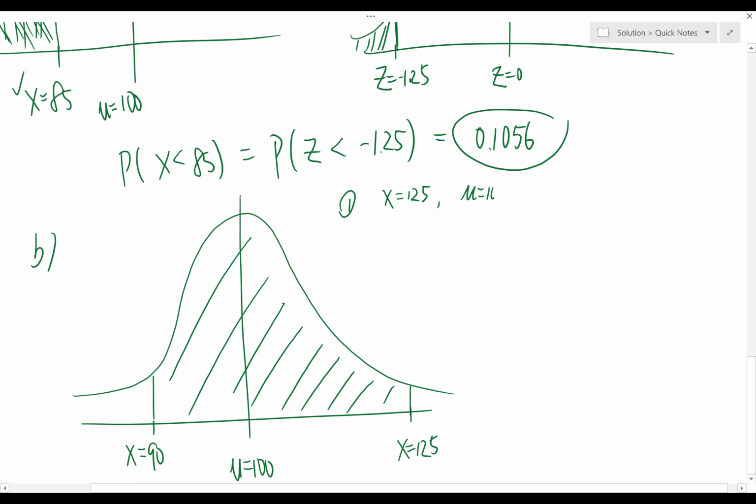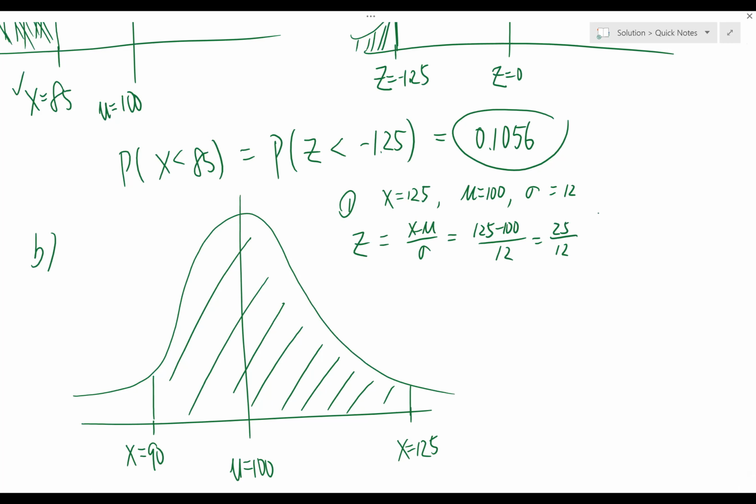Mean is 100, standard deviation is 12. So the z-score for the 125 should be x minus mu over sigma. So it's 125 minus 100 over 12. It's 25 over 12. And here we don't have an exact answer, so we have to round it to 2 decimal places.